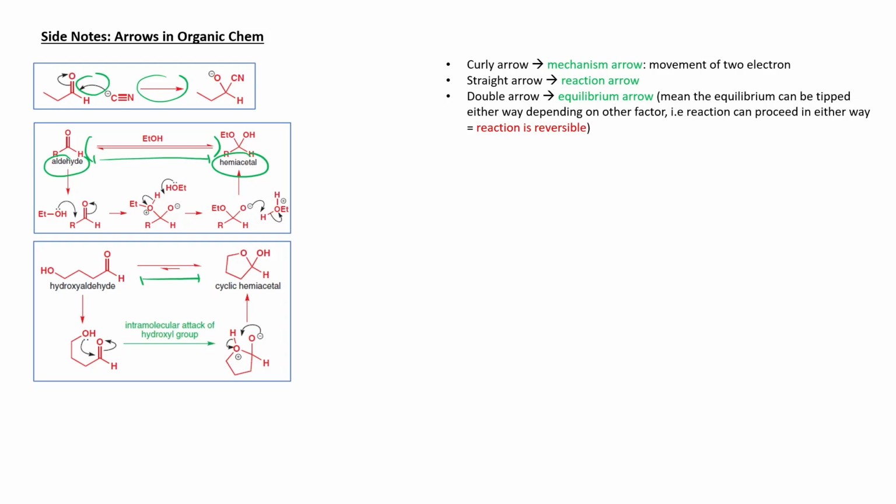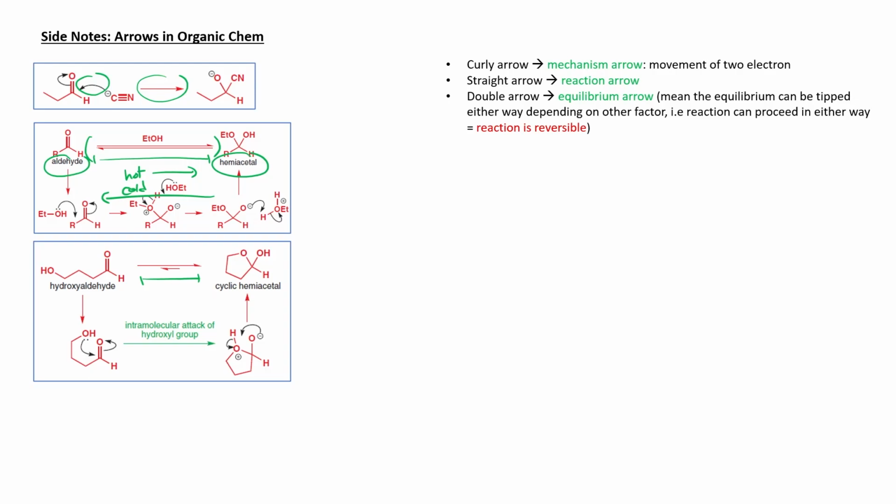For example, aldehyde to hemiacetal: if hot, you get hemiacetal; if cool, the hemiacetal will go back to the aldehyde. So it depends on the condition of the reaction itself. You need to tip the equilibrium yourself. It doesn't happen automatically, and it doesn't go back and forth.